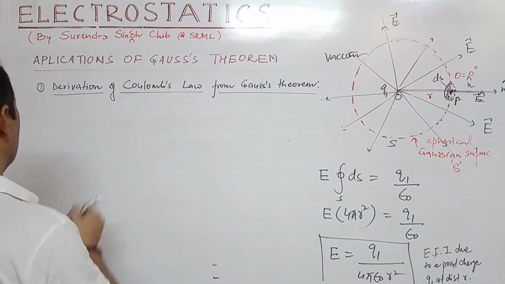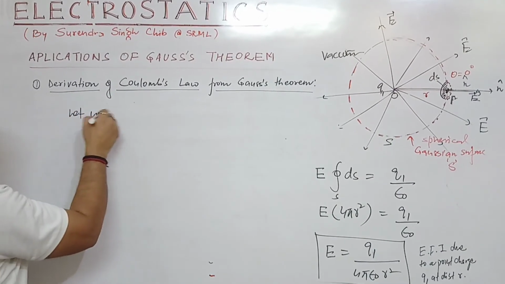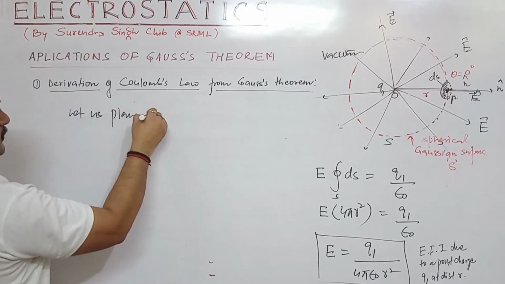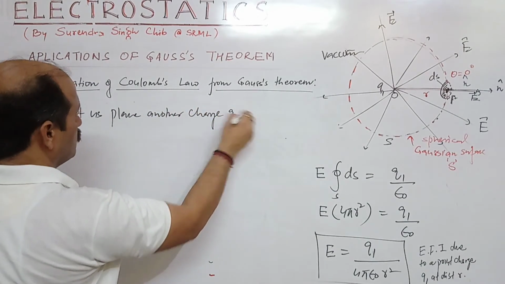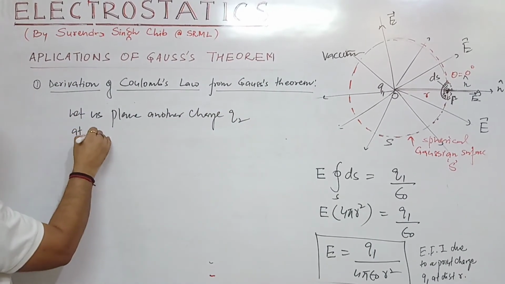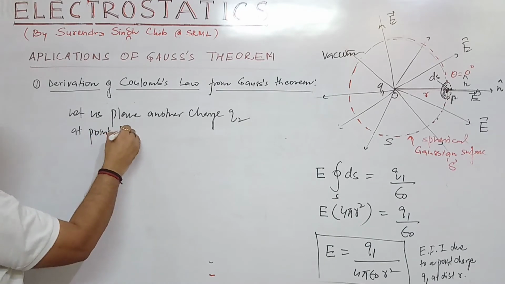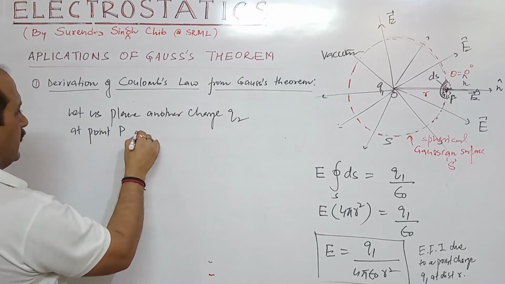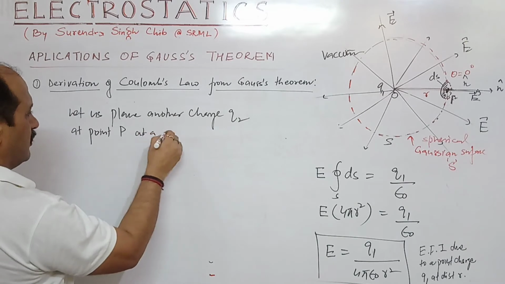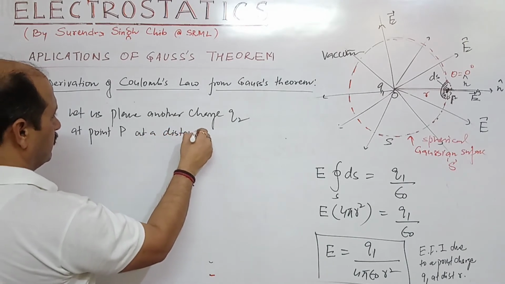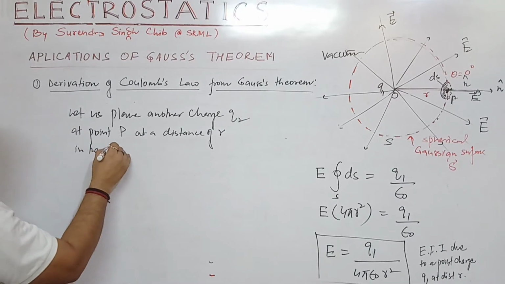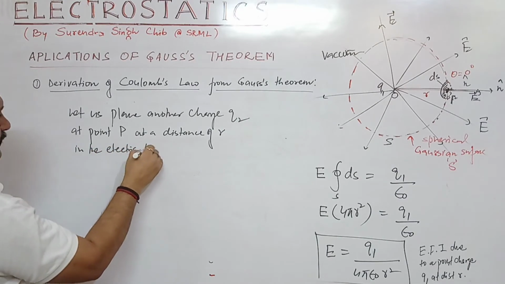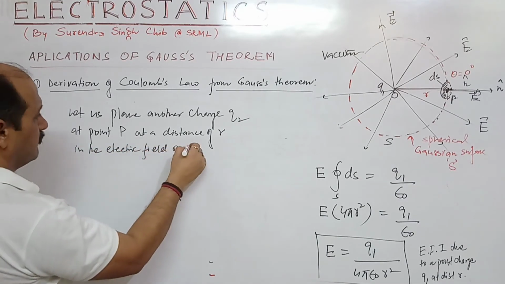Let us place another charge Q2 at point P at a distance of r in the electric field of Q1.